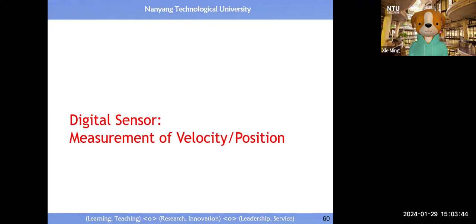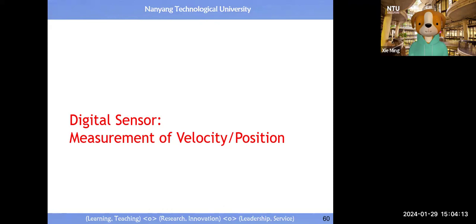Once you have a resistance, capacitance, or inductance, you can easily convert it into voltage. Once you have a voltage, you can convert the voltage into a digital number. This is the working principle for any analog sensor. Understand? So in the previous slide, you studied two examples. All the rest of the analog sensors follow the same procedure.